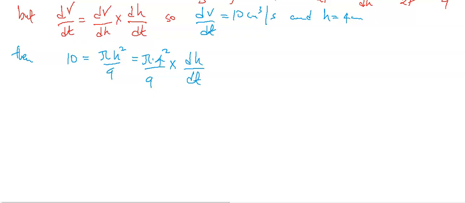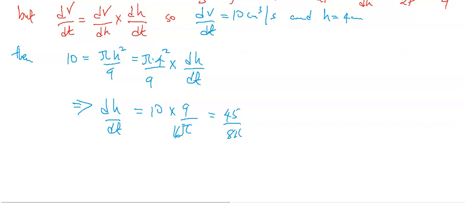This implies that the change in height with respect to time will be 10 times 9 over pi times 4 squared, or 16 pi. If you simplify, you'll get 45 over 8 pi, and this is in centimeters per second.